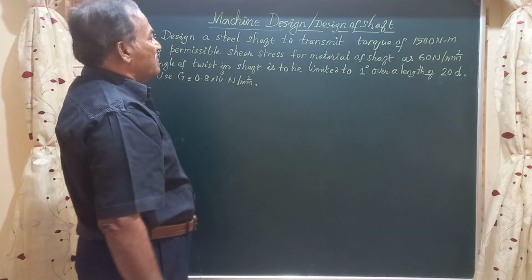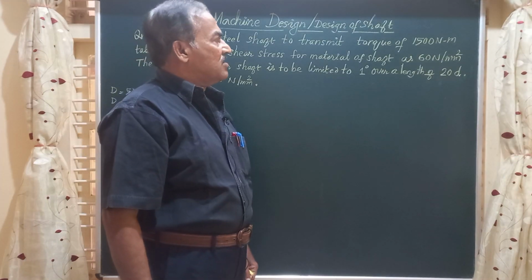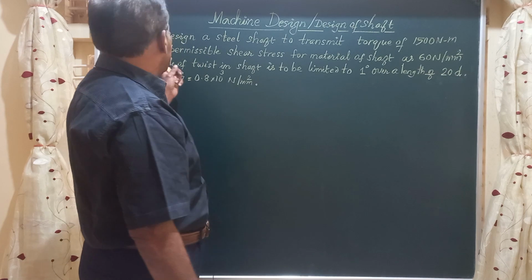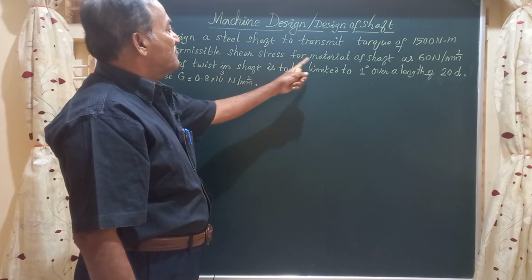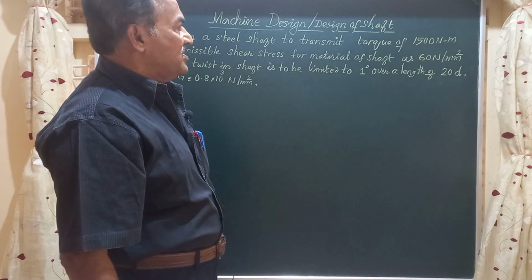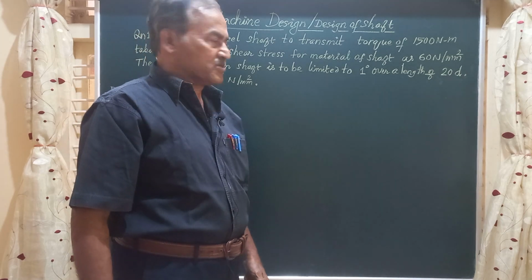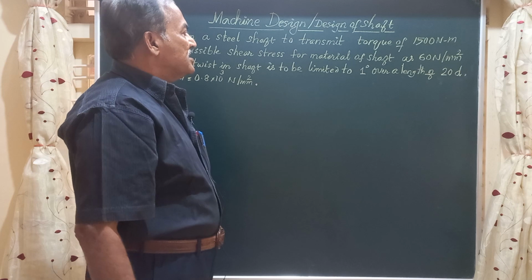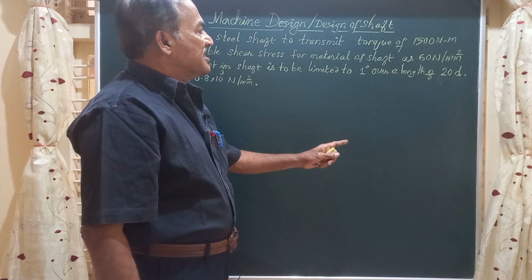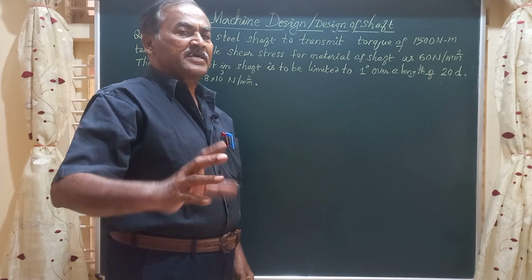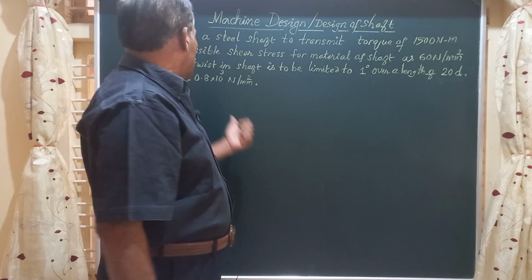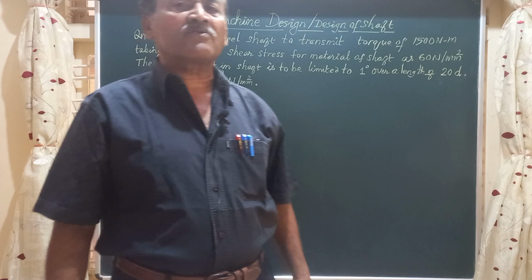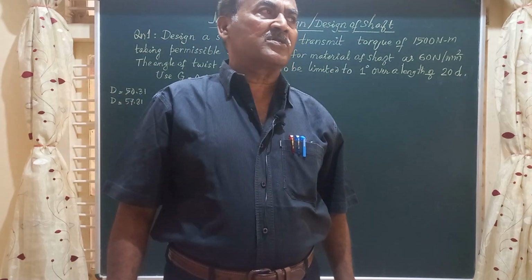Design a steel shaft to transmit a torque of 1500 Newton meter, taking permissible shear stress for the material of the shaft as 60 Newton per mm square. The angle of twist in the shaft is to be limited to 1 degree over a length of 20 times the shaft diameter. And it is also given you the value of G, the modulus of rigidity of the shaft material.